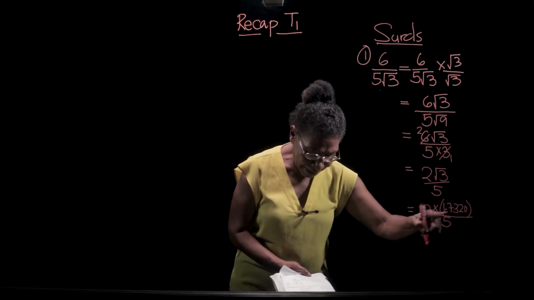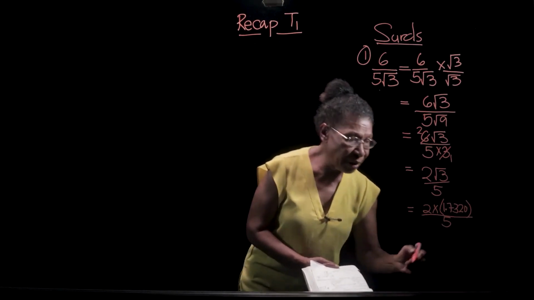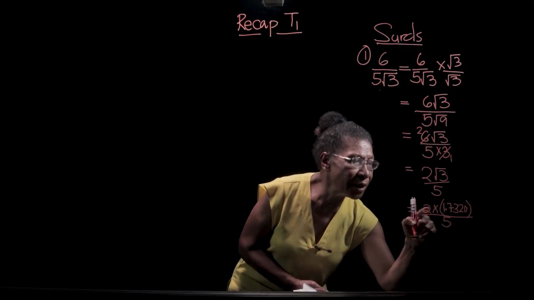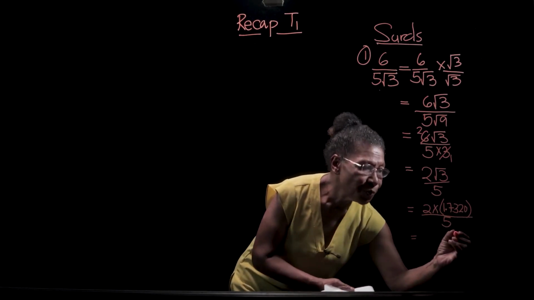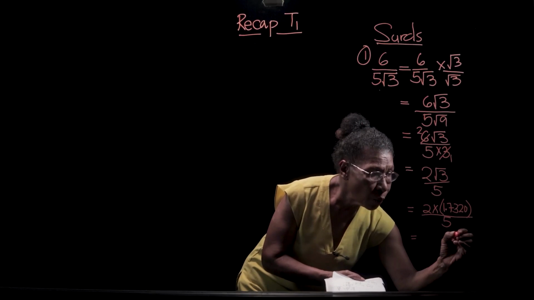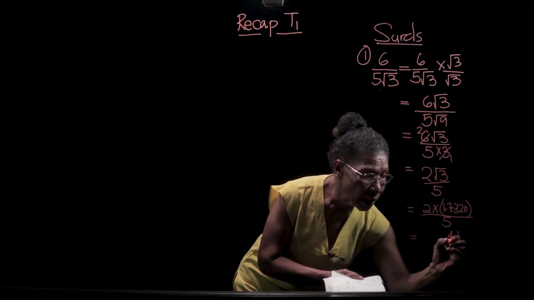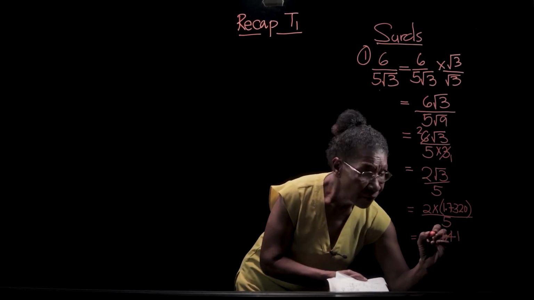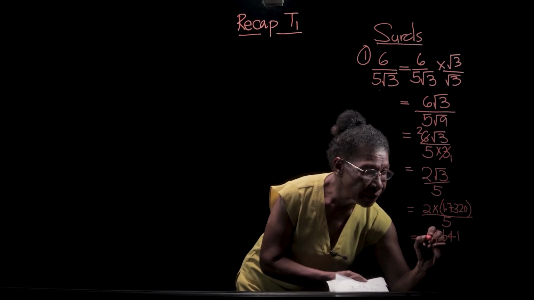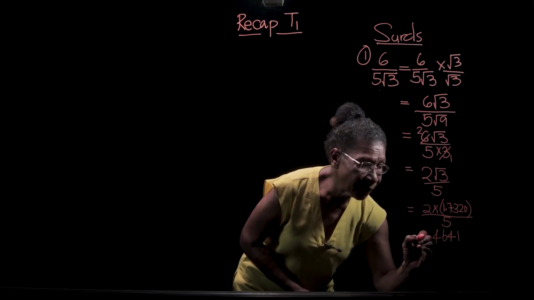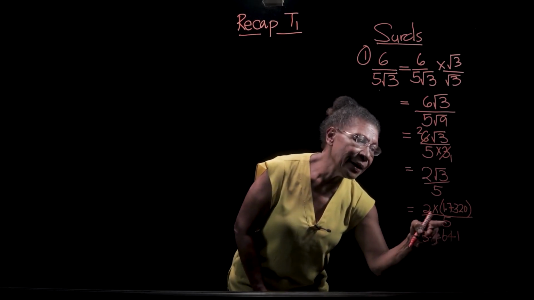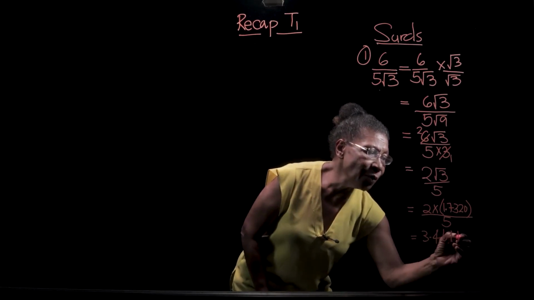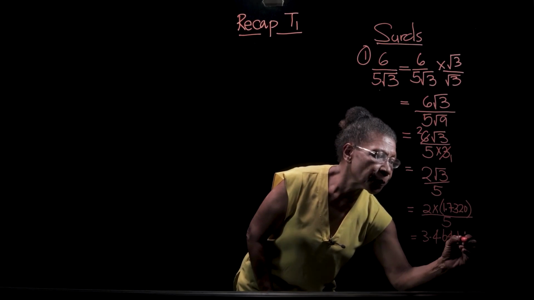When multiplying these out, the product of 2 and 1.7320 would give me 3.464. Again, I need to divide it by 5.